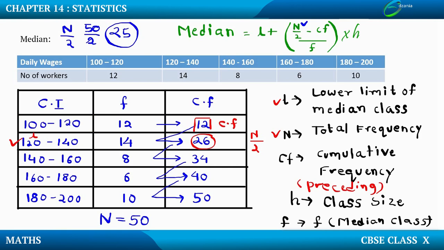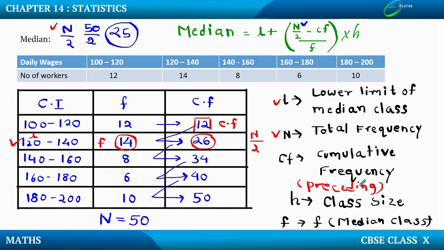While taking the value of CF, we take the preceding class, but when we do n upon 2, we check the CF which is greater than n upon 2, and that is our median class. So 120 to 140 was our median class, L is 120, CF is 12, and frequency has to be taken of median class only. So this will be our frequency, and that stands for F.